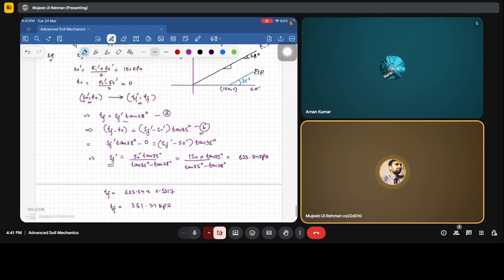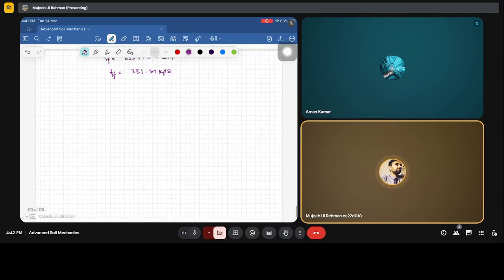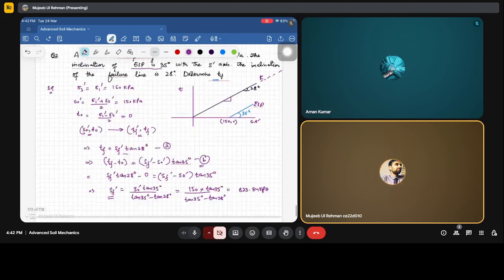So we can plot it here more properly. It's telling us that you have a stress state where the failure line has an inclination of 28 degrees. Let's assume it is 28 degrees, correct? You have S dash, S plot, and T, correct? Now, somewhat your ESP has an inclination of 35 degrees.